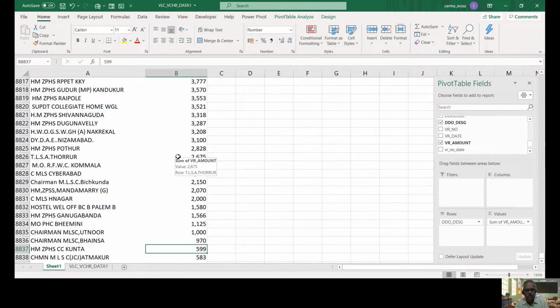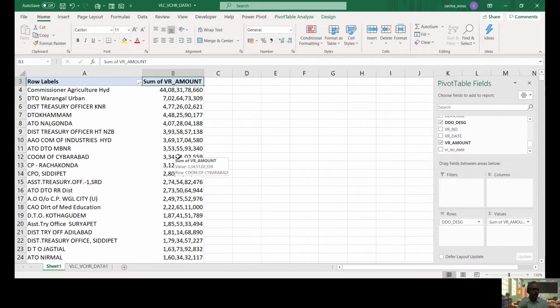So just by computing the totals and sorting them based on the voucher amount, it gives some lead on how many dummy DDOs or unauthorized DDOs are there in the data.